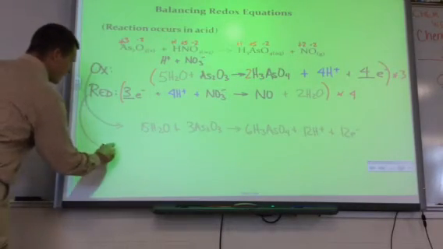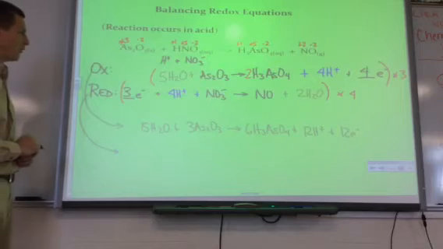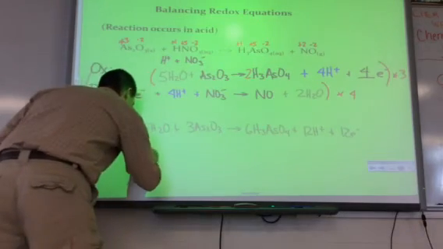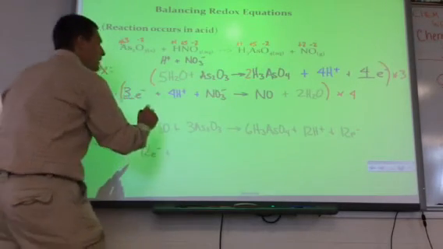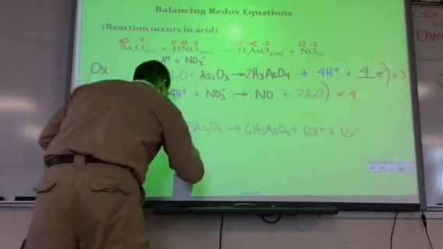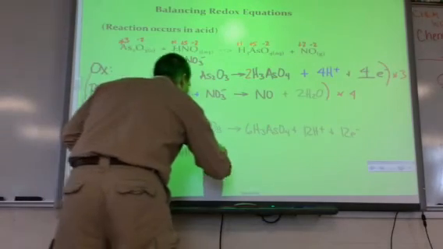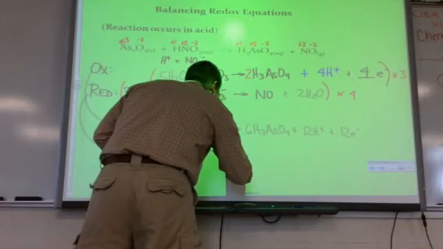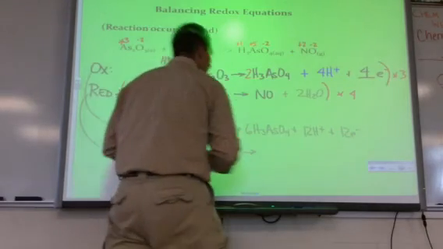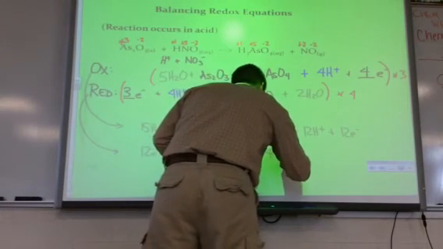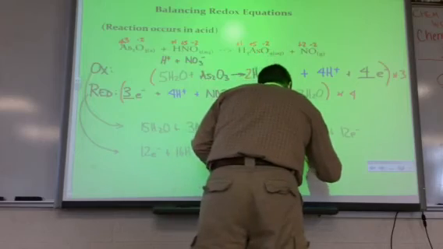The reduction half reaction, distributing that 4 now, 12 electrons, 16 hydrogens, 4 NO3 negatives, 4 NOs, and 8 waters.